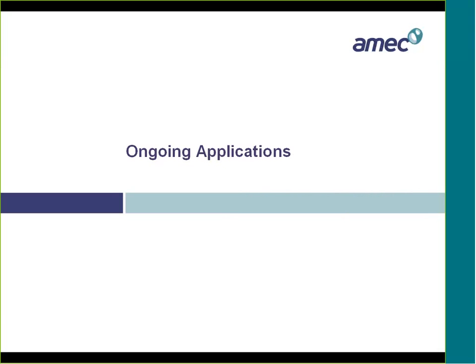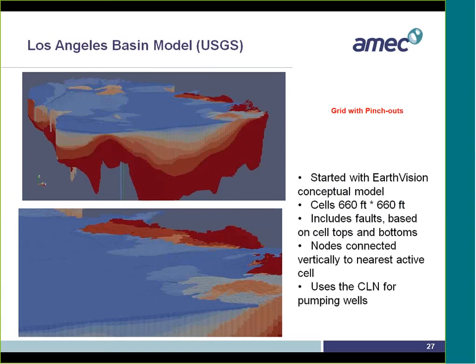Okay, that brings us to the ongoing applications of MODFLOW-USG. Essentially, the first part there was the formulation and what it can do, what the capabilities are. Currently, the USGS is applying MODFLOW-USG to very large-scale problems.